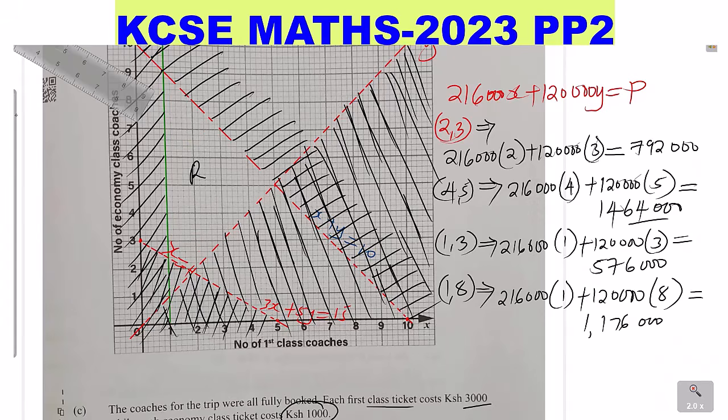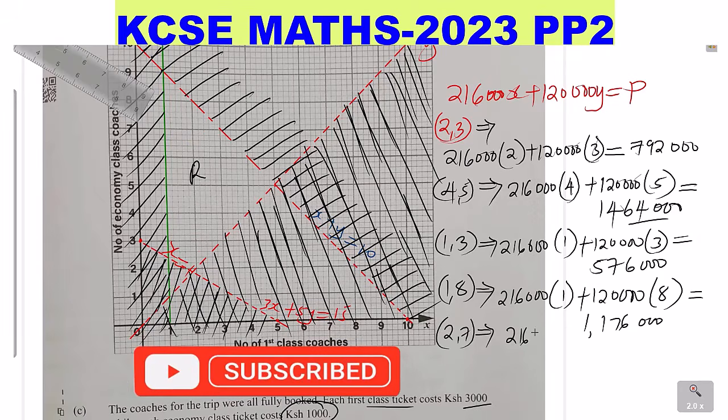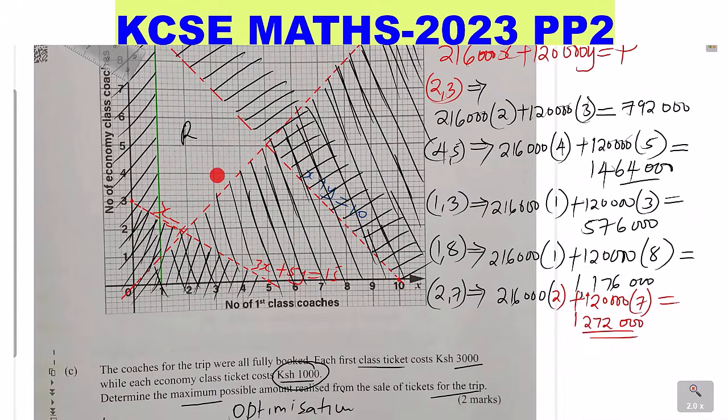So for (2, 7), we have 216,000 times 2 plus 120,000 times 7. Let's see the amount here. That is going to give 1,272,000.